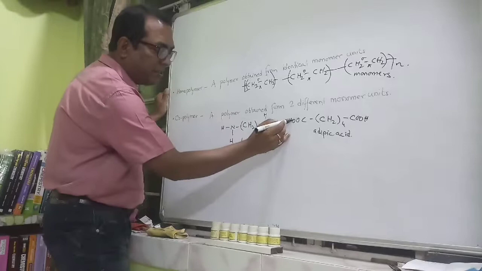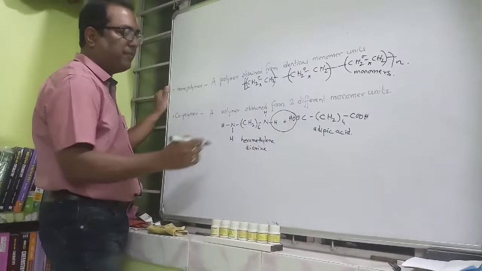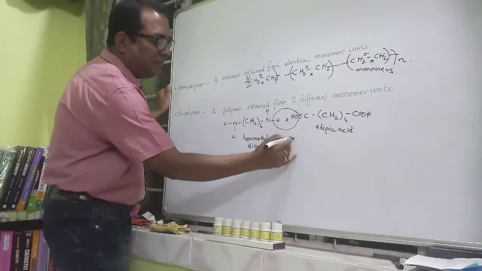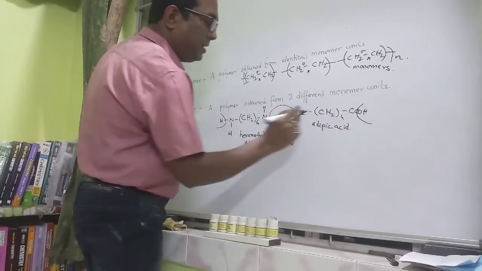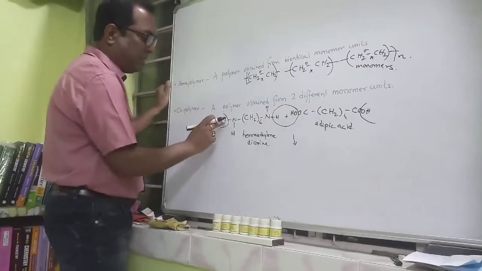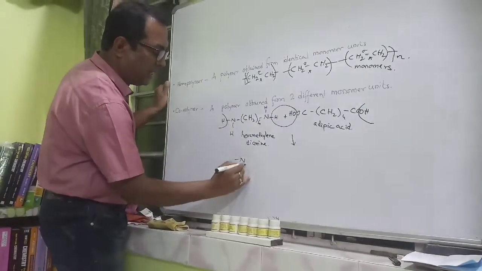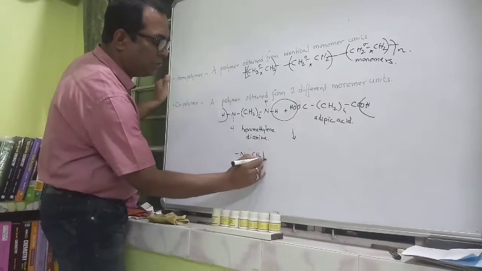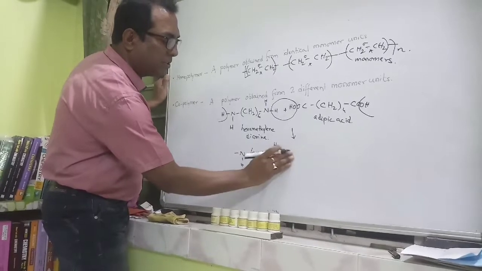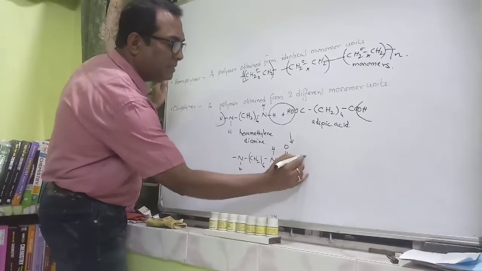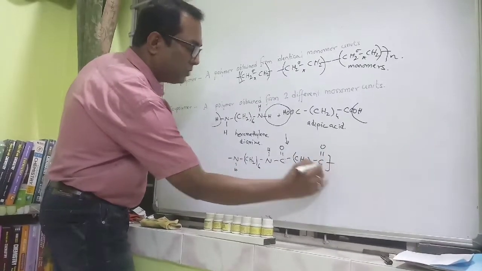Under certain temperature and pressure, molecules of water are evolved: you can see here OH with H, similarly this H with another OH, and this goes on and it forms NH(CH2)6NH, OC(CH2)4CO, and so on.